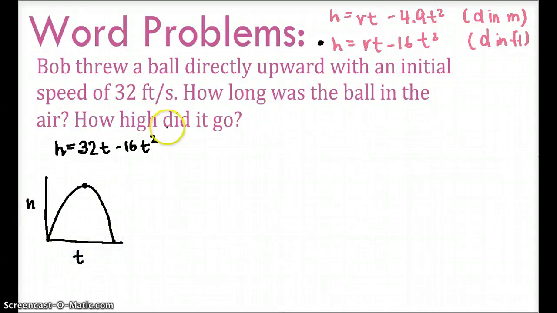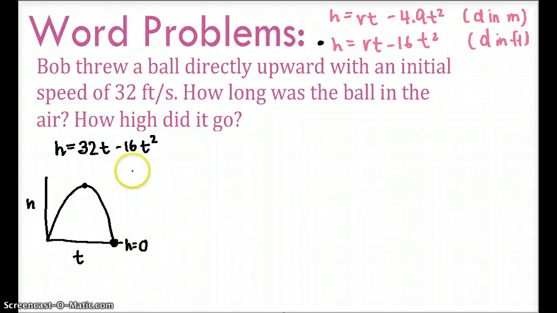What we want to know is the time right here, because this shows how long it took for the ball to land. In order to do that, we're going to make h equals 0, because this whole line here is h equals 0. So we want to know the value of t when h equals 0.